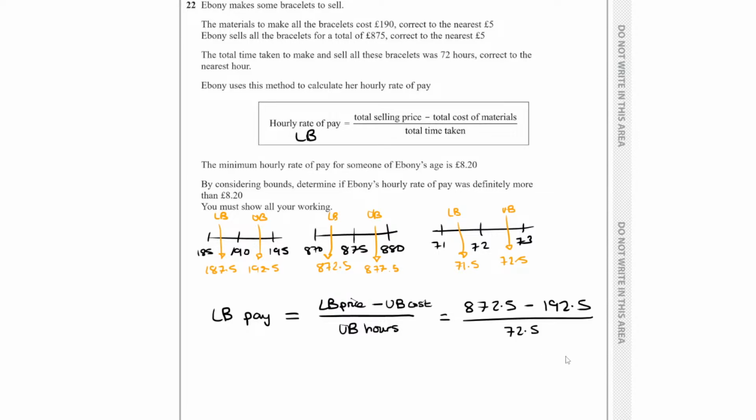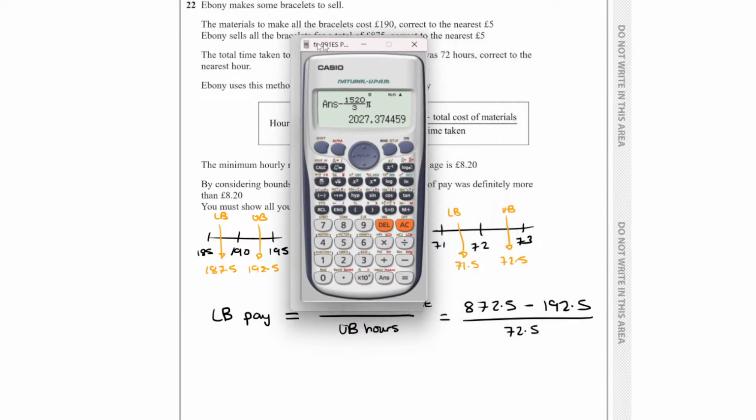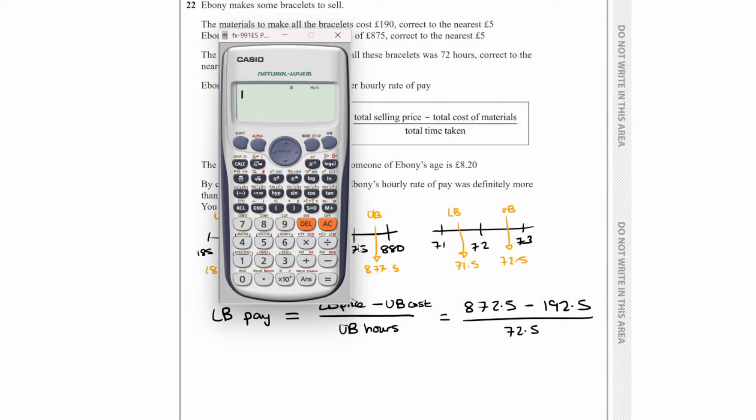So yeah, you divided by 72.5, didn't you? That seems right. So 872.5, minus 192.5 over 72.5. I just worked out directly.